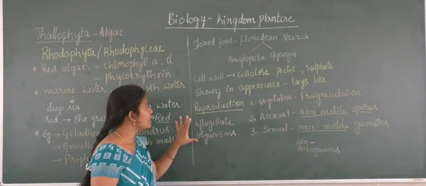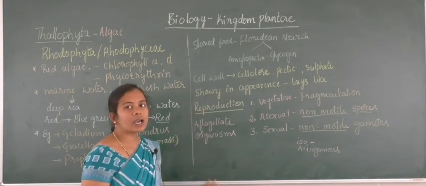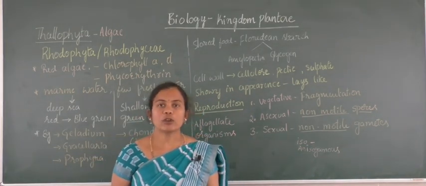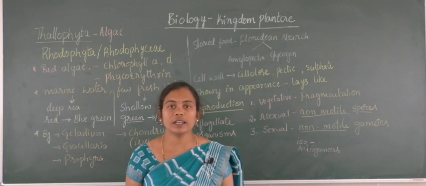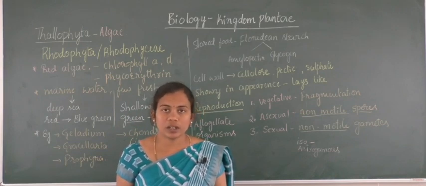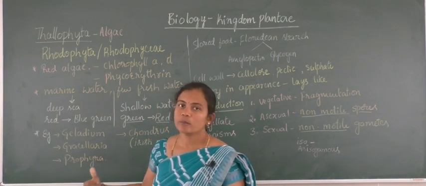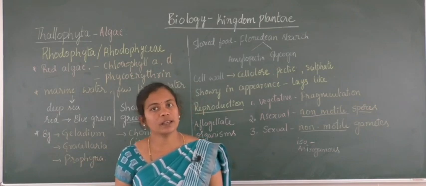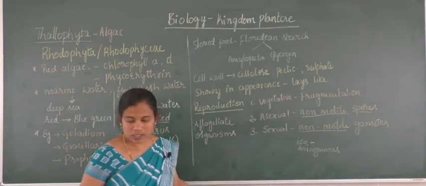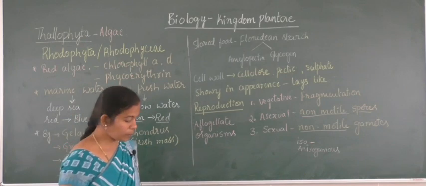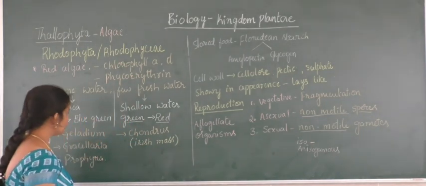So that's why they are also called aflagellate organisms of the division Thallophyta. Among the whole of Thallophyta, the one aflagellate organism is Rhodophyceae. Regarding this, you can find out the economic importance here.